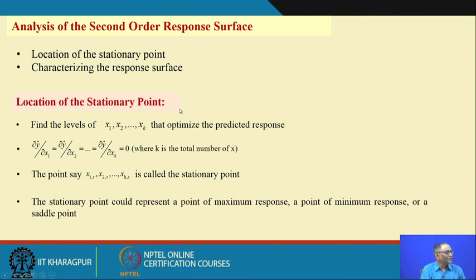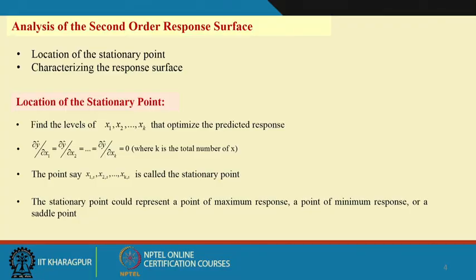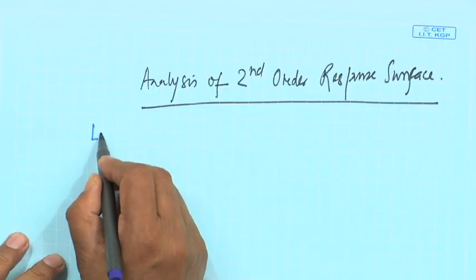The second order response surface will be used to find out the optimum zone or settings for process operation or the system, that is, where should we operate the system or the process, so that we will know where is the location of the maximum yield or maximum response as such, or minimum impurity, that is also minimum response, something like this. So, first one is that you have to know the location of stationary point.